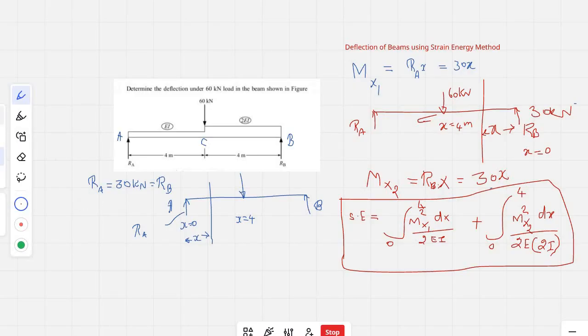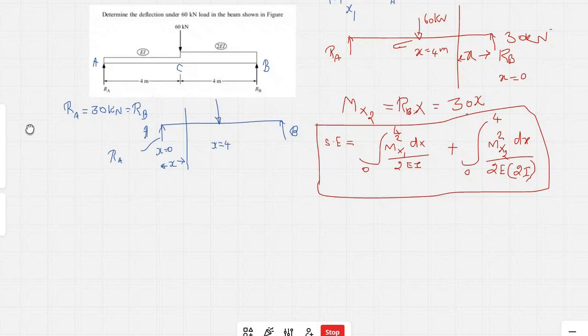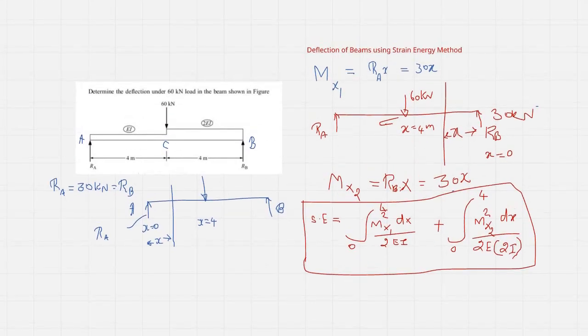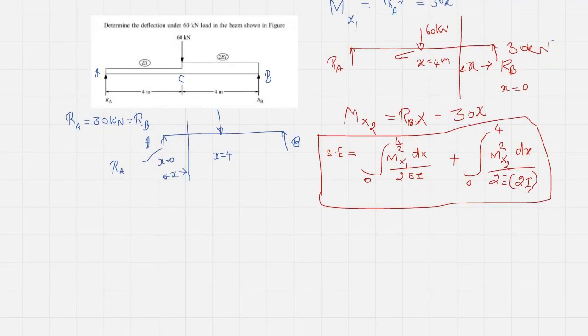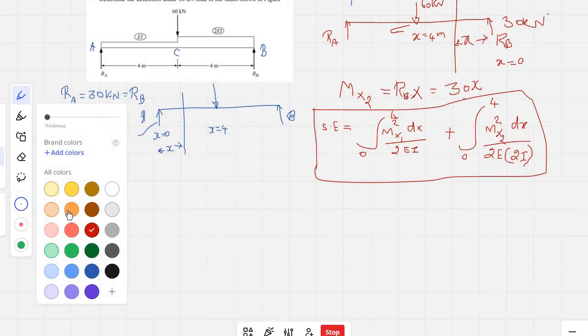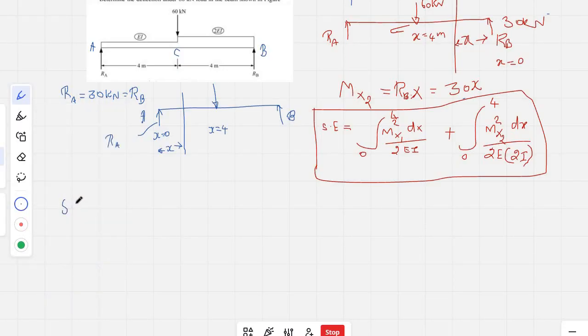Now how to do that? What is Mx1? 30x. Mx2 is 30x. Now the strain energy is obtained from this equation.